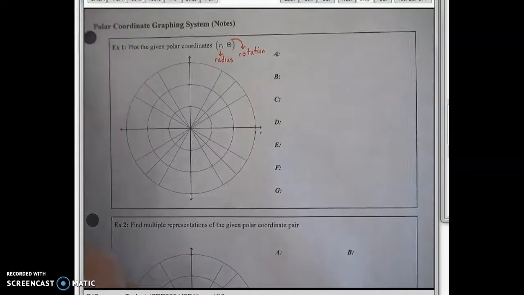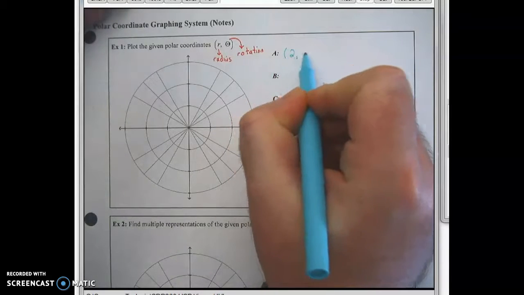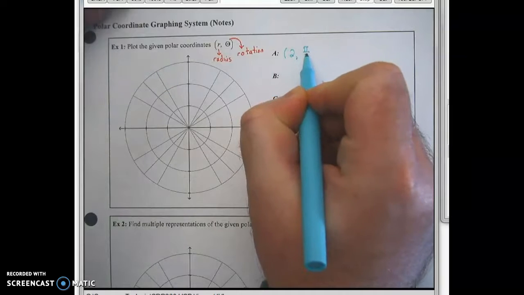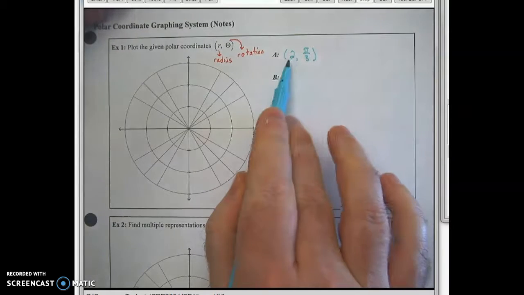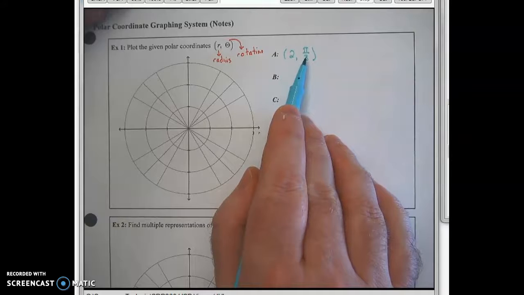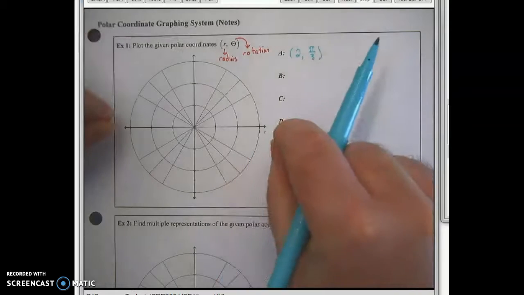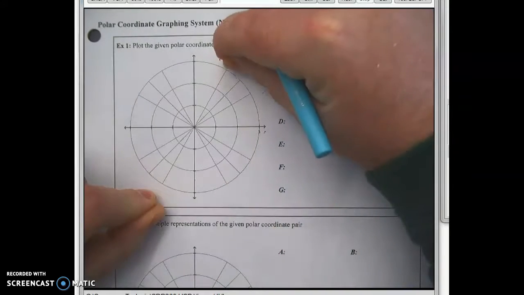So let's pick an example. It will make more sense when you see an example, I think. So (2, pi over 3). This is how far I am away from the origin, and this is at what angle or rotation around the unit circle I've moved. So I'm going to take this axis and rotate it up until pi over 3.